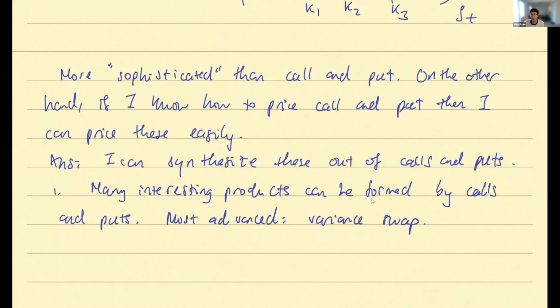So if you want to trade the volatility of one company against another, for example, suppose you want to buy volatility. What does that even mean? Because volatility is clearly an observable thing. It is not a product. But people want to buy volatility, for example, if they think volatility will go up.